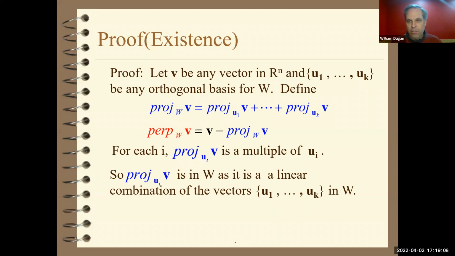It's a multiple of that basis vector because projections are a scalar times the vector. It's in the direction of the vector. It's just, I don't know the length. So that means that by definition, the projection of v upon W is a linear combination of the vectors u1 through uk. It is therefore in W by definition because W is the span of those things.